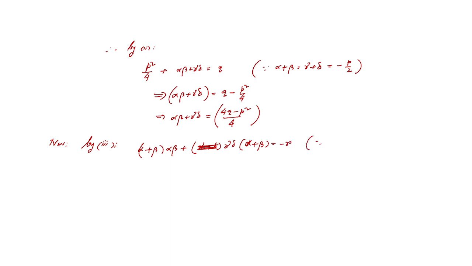Why have I written this? Since gamma plus delta equals alpha plus beta, that we have by 5.